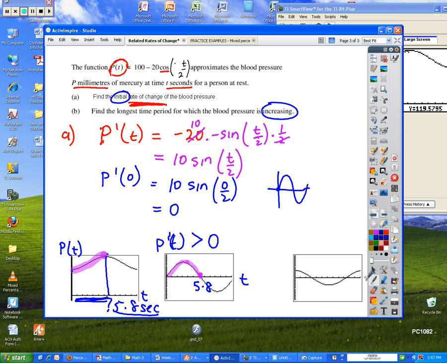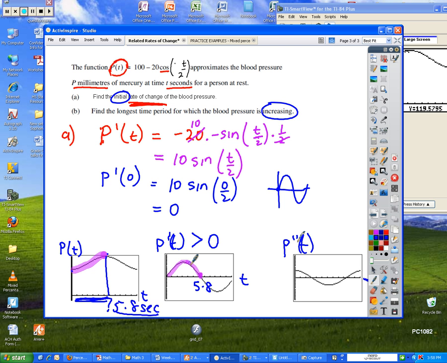Now the last one I've got here is the second derivative, P''(t). What do we know about the second derivative? We want to see where the blood pressure is increasing. What do we know about the rate of change of P'(t) over this part where it's positive?